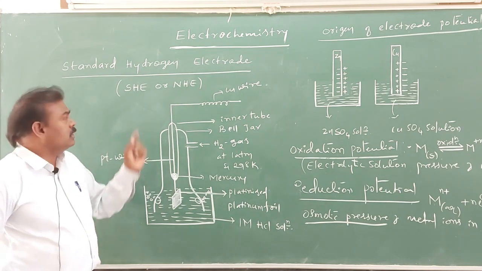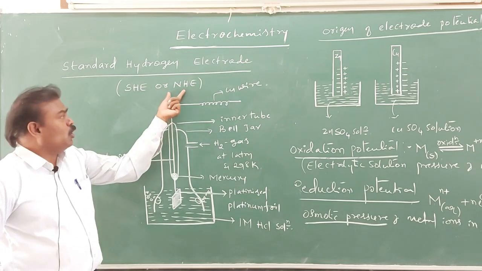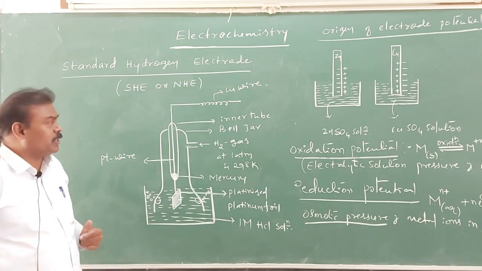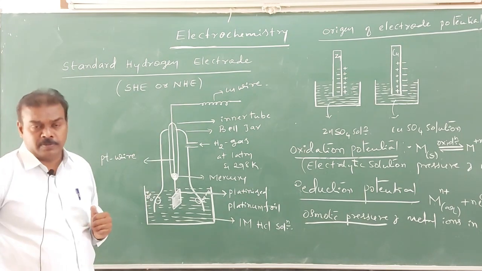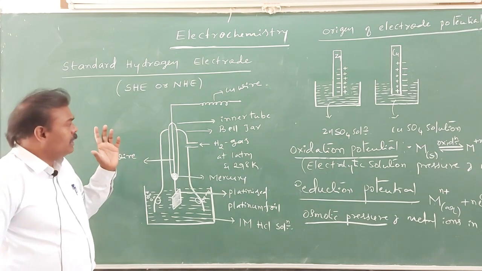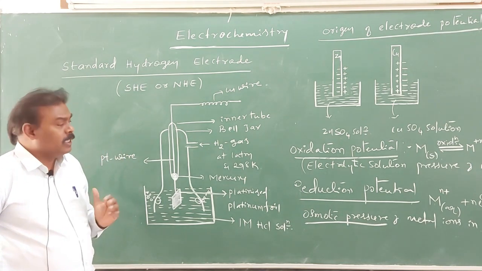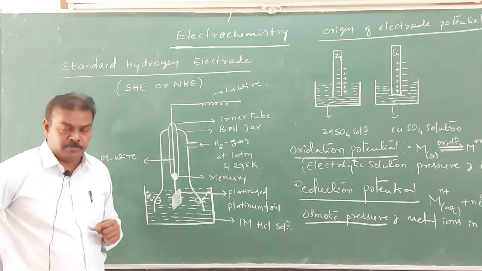SHE means standard hydrogen electrode, and NHE means normal hydrogen electrode. In these two manners we can express it, NHE or SHE. The standard hydrogen electrode is one of the important concepts in electrochemistry.